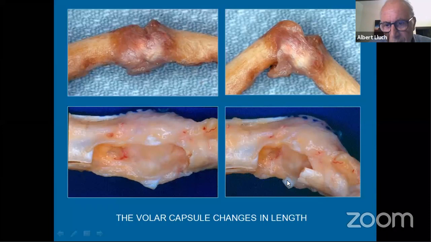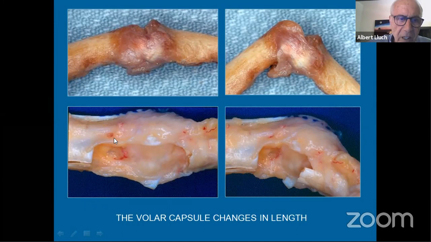The A3 pulley inserts on both sides of the distal part of the volar plate here. By flexing the finger, we can see the flexor tendon protruding proximally. And here, the vincula coming from the digital artery to the flexor tendons.